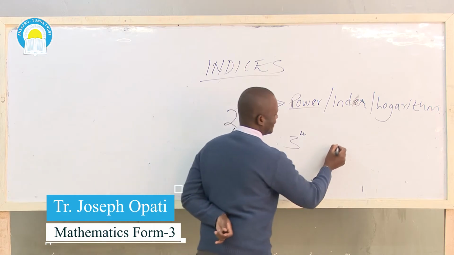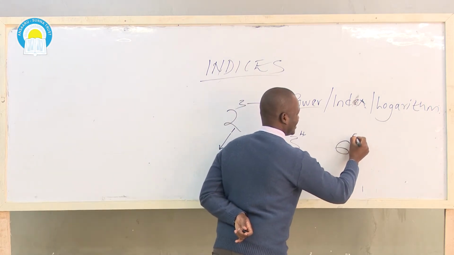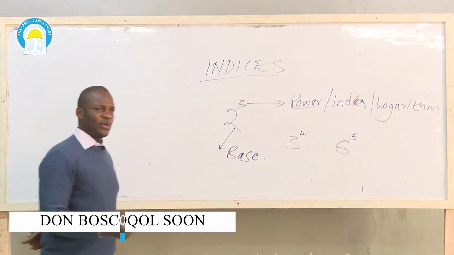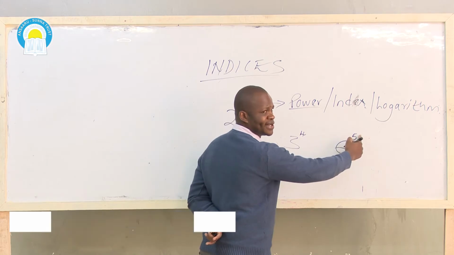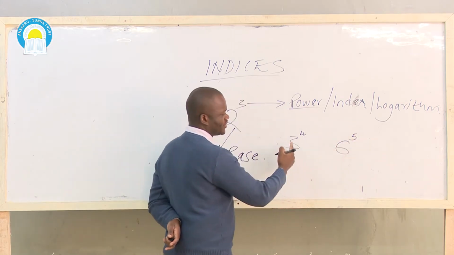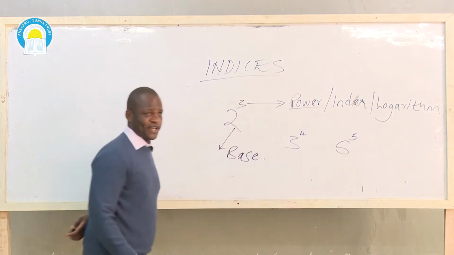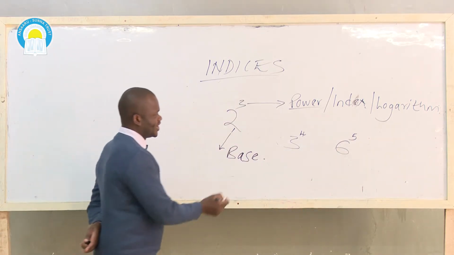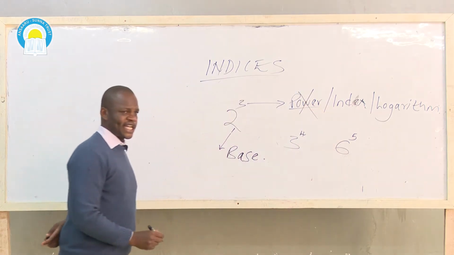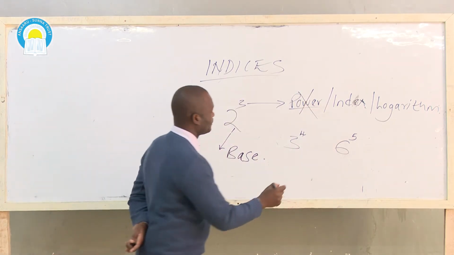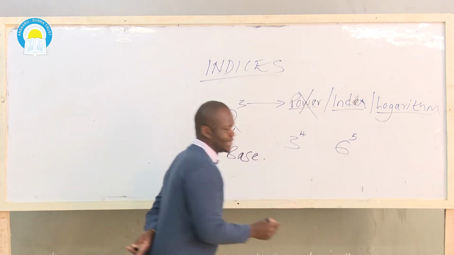If I have 6, then I have, let's say, 5, how are you able to read that? This is 6 power 5. So we have 3 power 4, 6 power 5. Are we together? So I'm done with the term power.